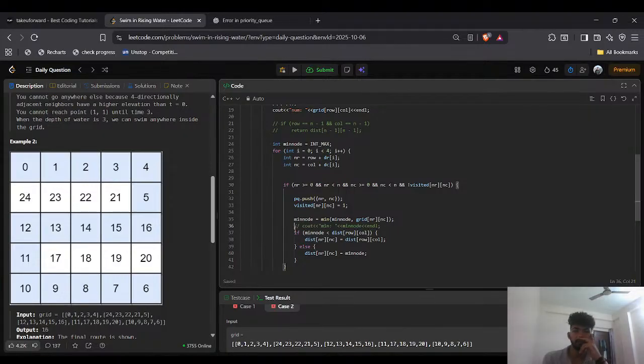What's the thing? It's sorting the things according to the index, not the values. That's why we are getting this. So what? I got it. What are we doing wrong?